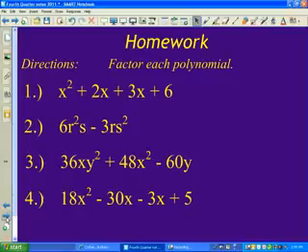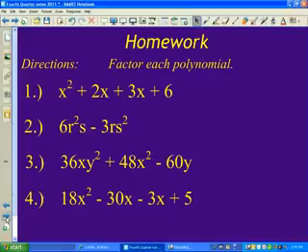Okay, so last bit, we had our homework assignment. And just to remember, when do we use grouping versus when do we just use the greatest common factors when we're factoring? So if it has 4 terms, we're doing the grouping. If it has 2 or 3 terms, we're looking for the greatest common factor. So for our homework assignments, which ones do you think we're going to be doing grouping?